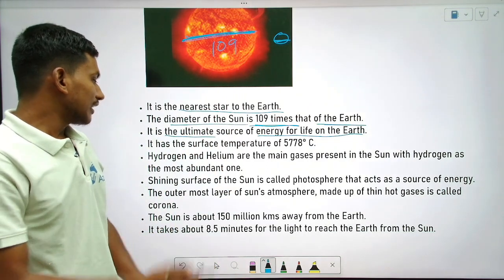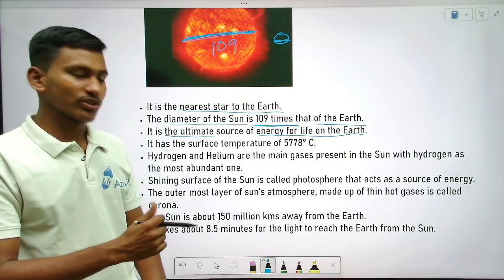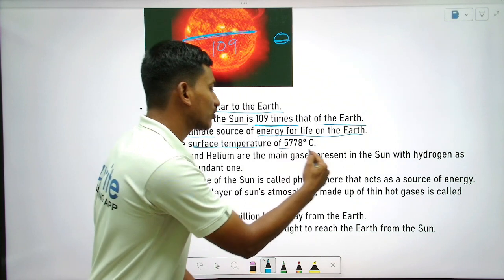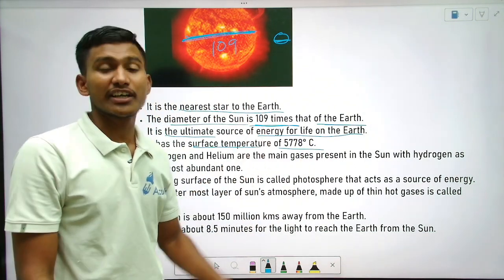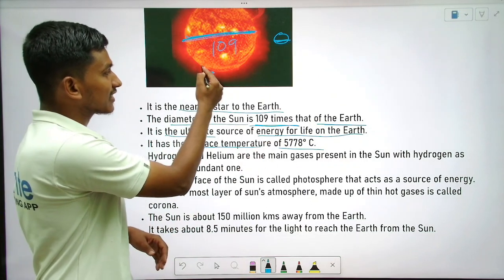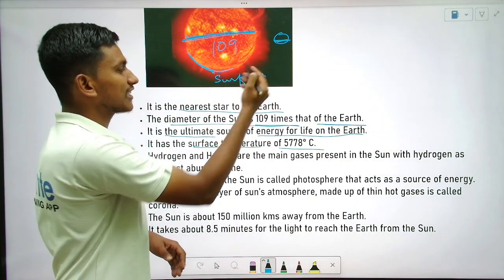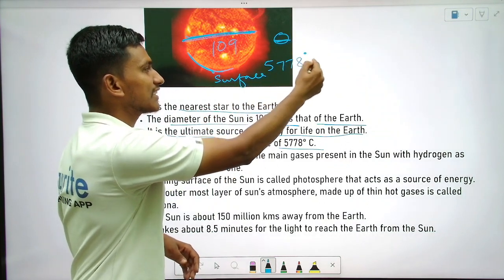Okay. So it has a surface temperature of 5778 degrees Celsius. That is very hot. This is the surface, so on that, what is the temperature? 5778 degrees Celsius.